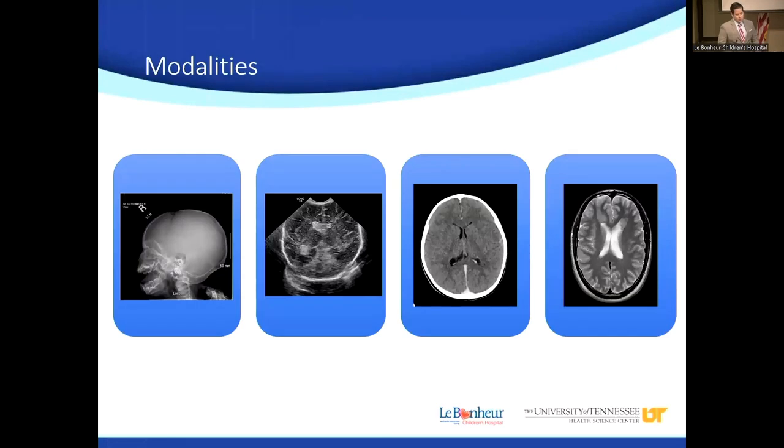These are the modalities that we are going to talk about today: X-rays, ultrasound, CT, and MRI. I want to focus more on CT and MRI, so the lecture is going to take a little more time on those topics, but I'll do a brief description of the other two.